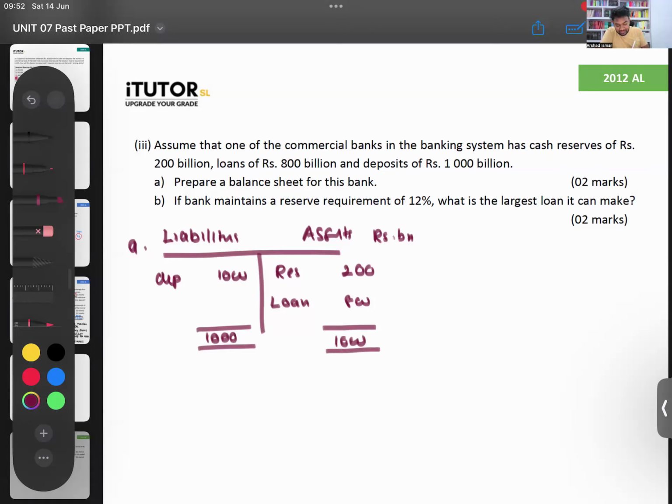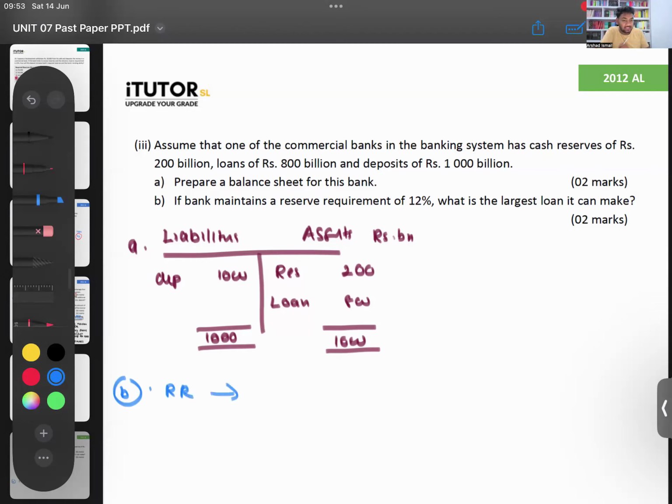Part B is saying if the SRR is 12%, what is the largest loan it can make? Now we are not sure whether they are asking for the largest new loan or the largest total loan, so we'll give both. If they have an SRR of 12%, can you tell me how much is their required reserve?